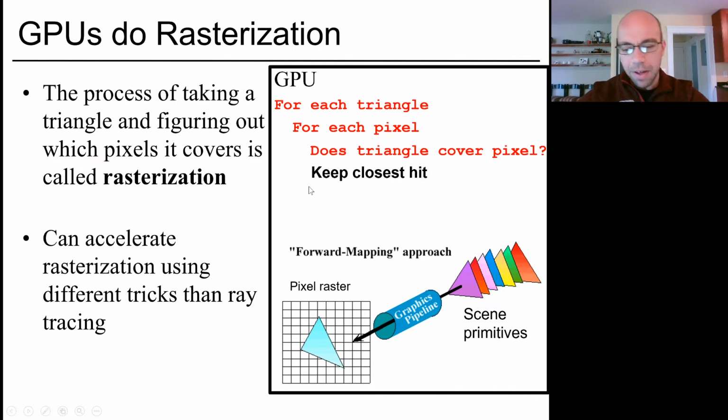So let's talk about this rasterization term a little bit more. I guess I really haven't defined it formally, but roughly, rasterization is the process of taking a triangle and figuring out which pixels it actually covers. So the idea of rasterization is that I get the coordinates of the 3 vertices of a given triangle that we're going to render.